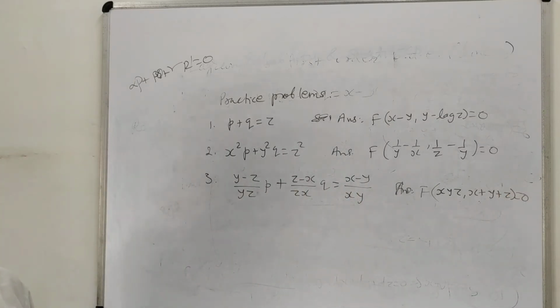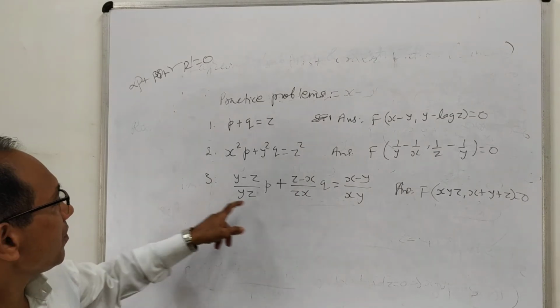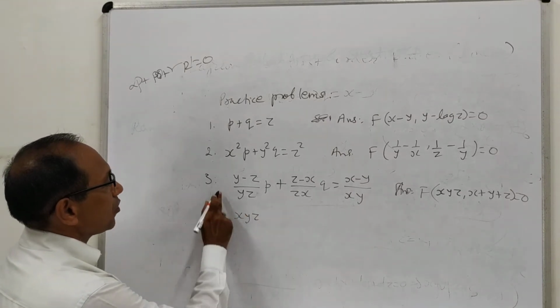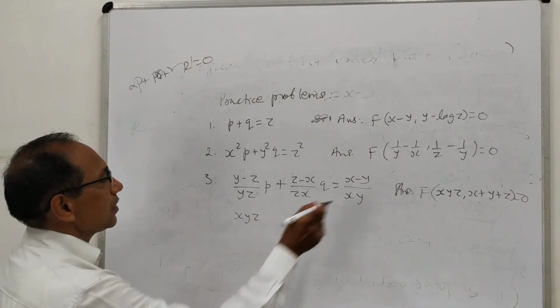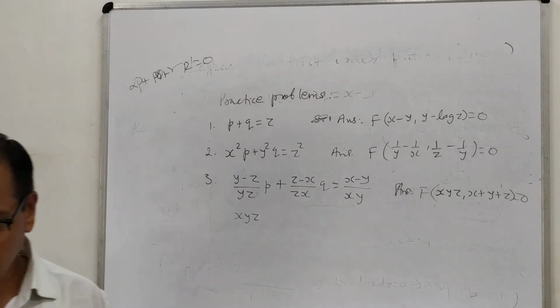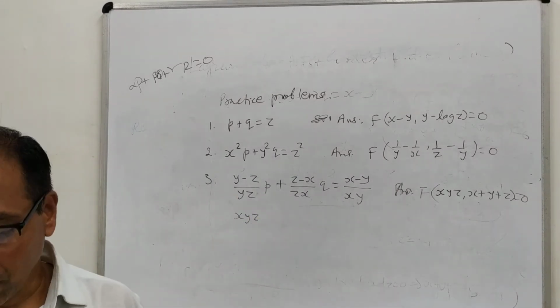So here actually the third equation you can make simple by multiplying on both sides by xyz. If you multiply on both sides by xyz, then the denominators will be removed, and it will become simple for you. So at this time I am giving you 3 equations which you will have to solve for your practice.